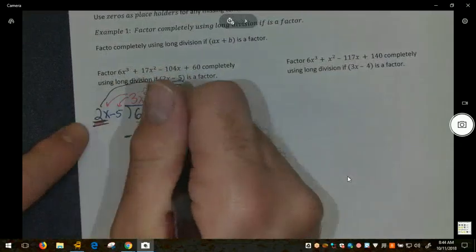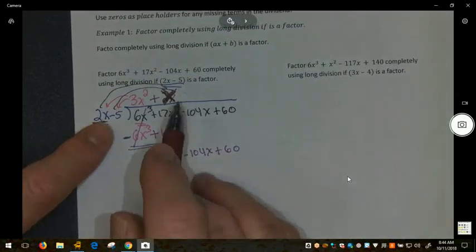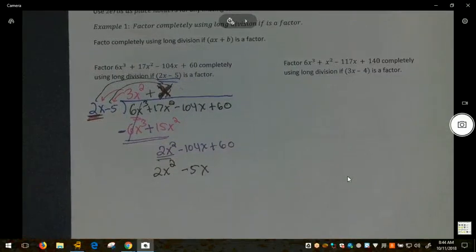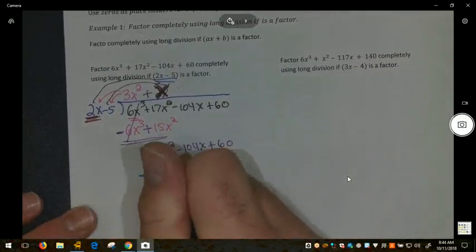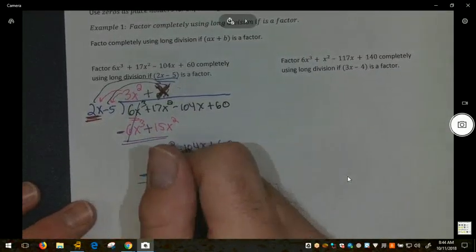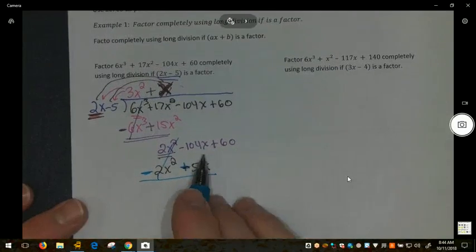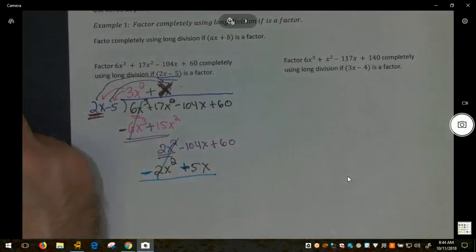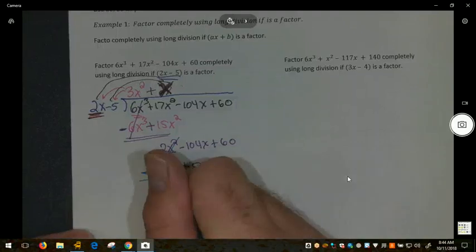I have to distribute it to both parts of the divisor, so x times negative 5 is negative 5x. Instead of subtracting, we change the sign on all of these new ones that we generated, and we combine like terms. That cancels. This gives us negative 99.